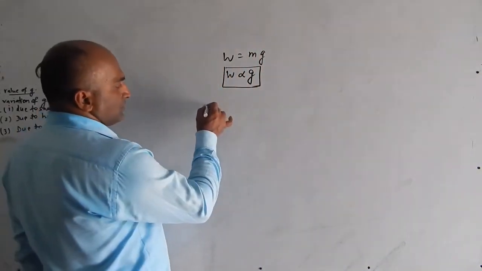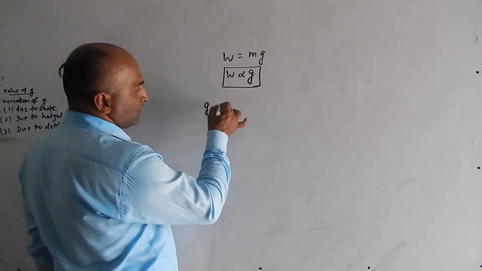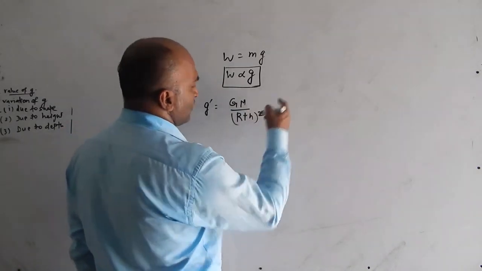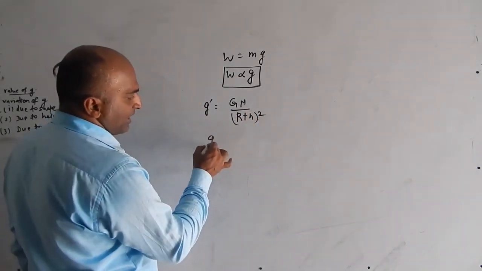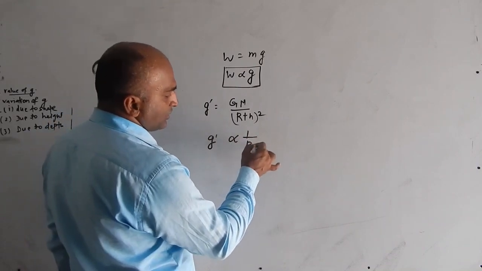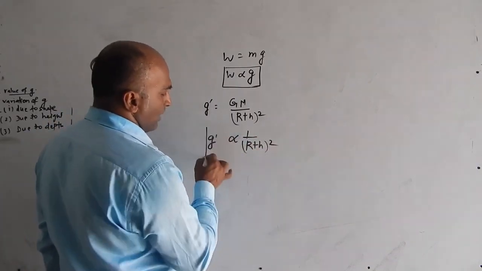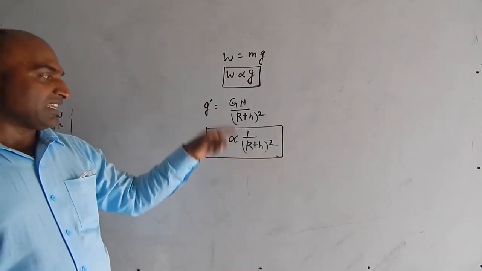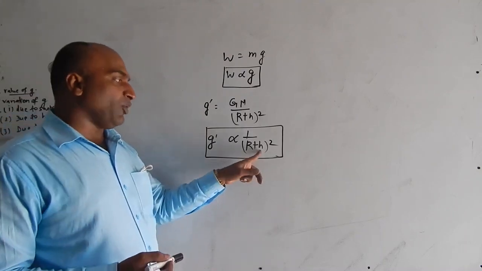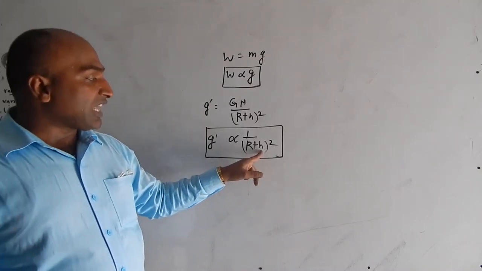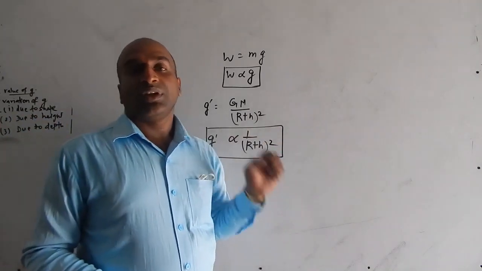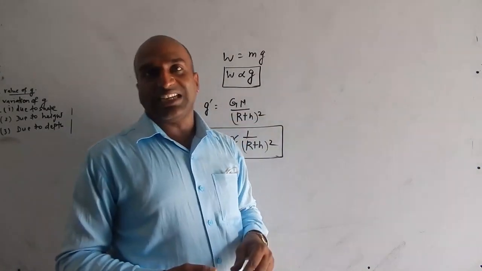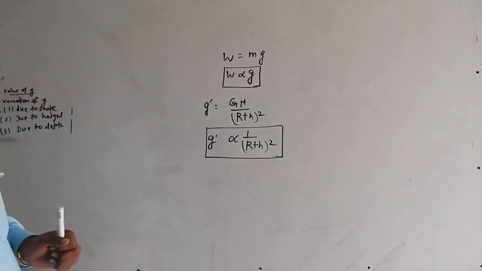Here, small g or g prime equal to GM by R plus h, whole square. In equation 2 we have taken, since G and M are constant, g prime is inversely proportional to R plus h, whole square. Means to say that with the increase in height, acceleration due to gravity decreases. It is therefore on the surface of the earth, the value of acceleration due to gravity is more than that at a height above the surface of the earth.